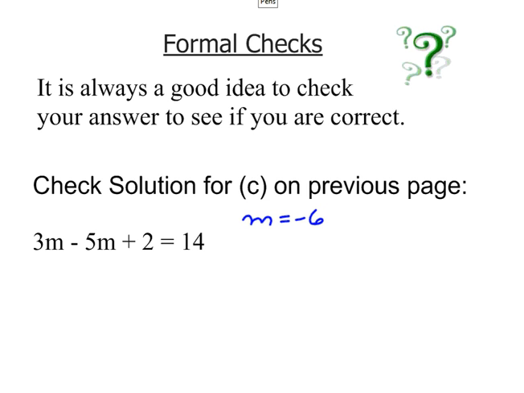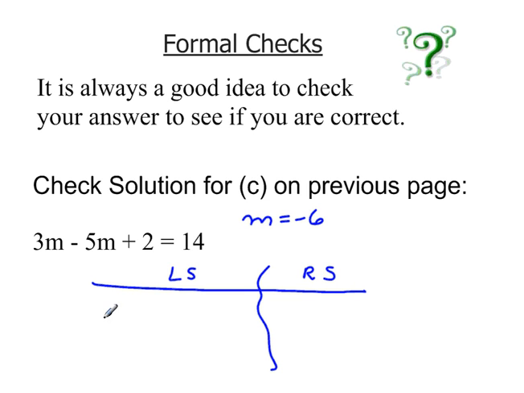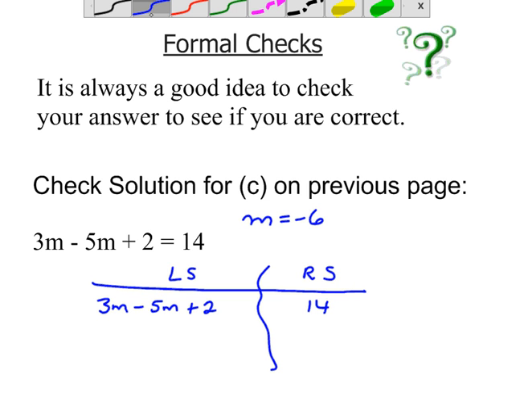The first step of a formal check is to split your equation up into the left side of the equation and the right side of the equation. So in this case, the left side of the equation is 3m minus 5m plus 2, and the right side is 14. You always want to split up your left and right based on the original equation.